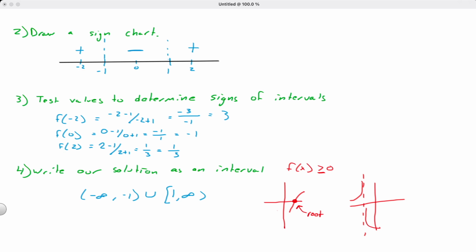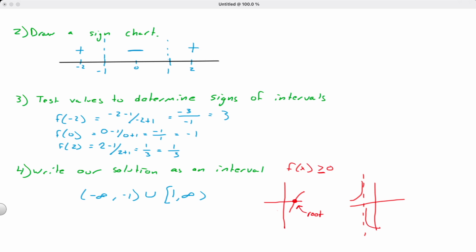If we can compare them to 0, if we can use that x-intercept as our guide, we realize that there are only a few certain values at which our function can change sign, from which it can change from positive to negative or negative to positive. For polynomials that are continuous, that's only at the roots. And for rational functions that have some discontinuities, that occurs at the roots as well, but also at the vertical asymptotes.